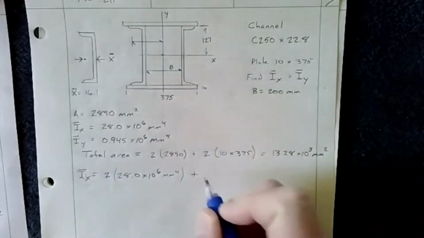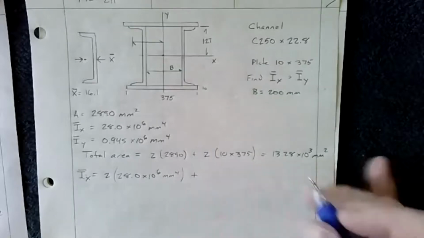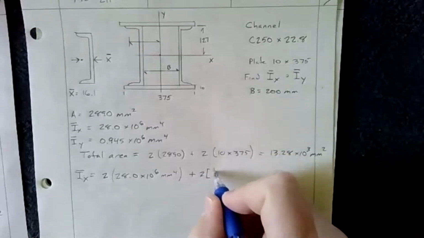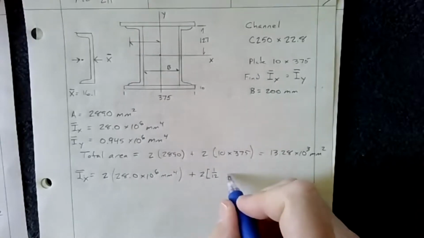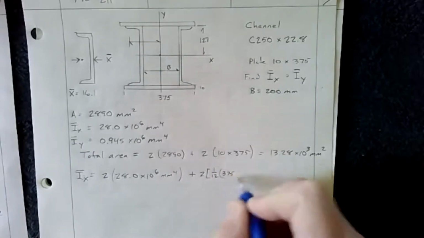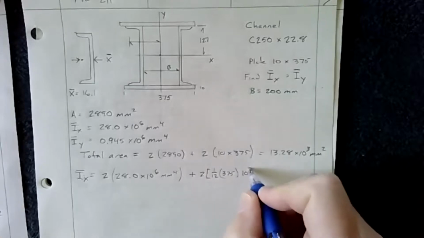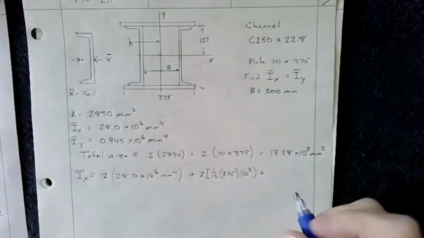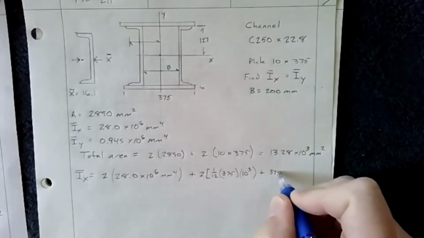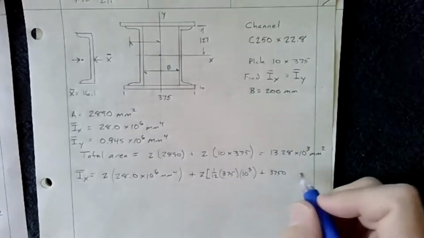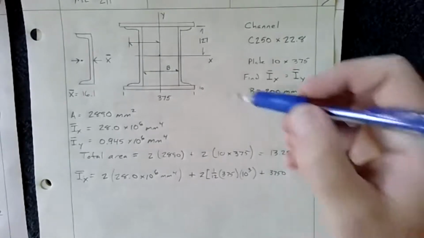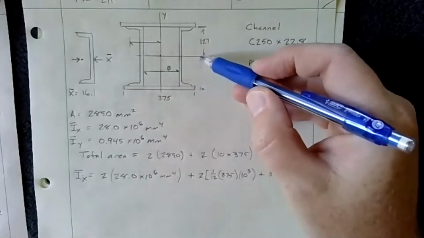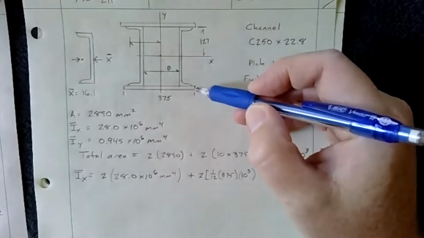With this, we're going to have the 2, and then 1/12 times 375 base times height, and then we're going to add to that the 80 squared, which is 3750, the area, and then the distance 132. The distance being from here to there, plus 5.